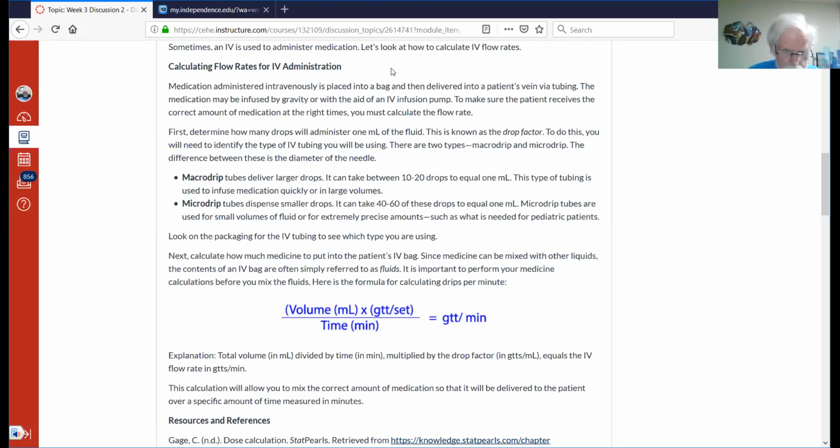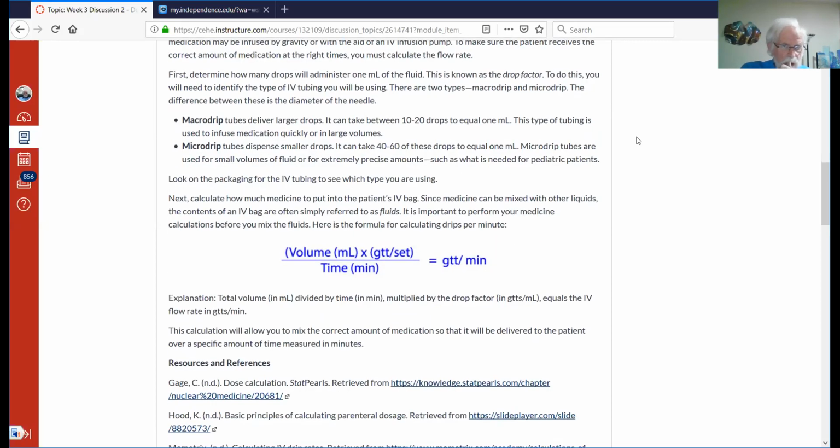It's fairly common, but more often when we are setting an IV, it's going to be for some sort of infusion, a continuous administration over time, and it has to be at a specific rate that matches the instructions from the physician or the prescriber.